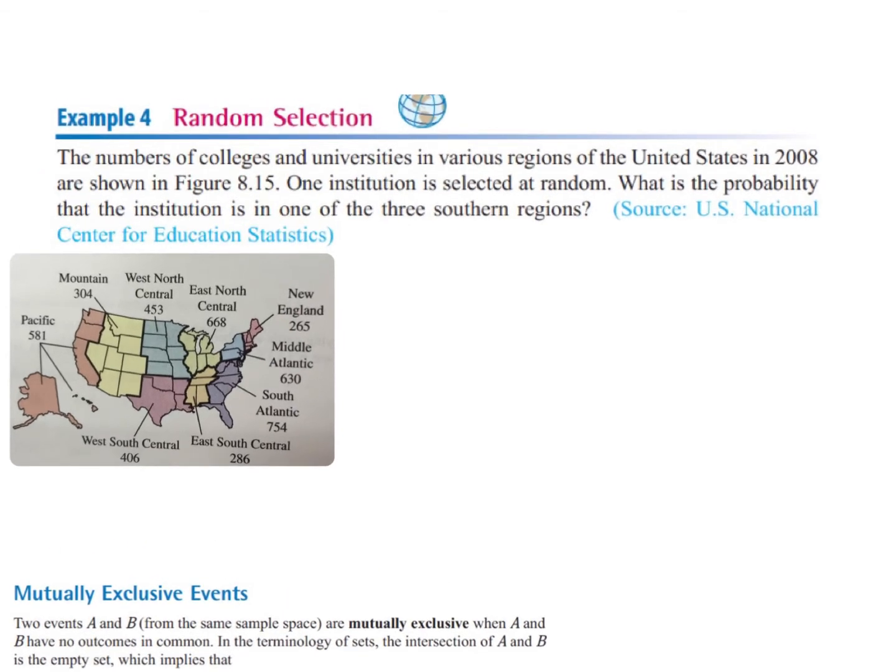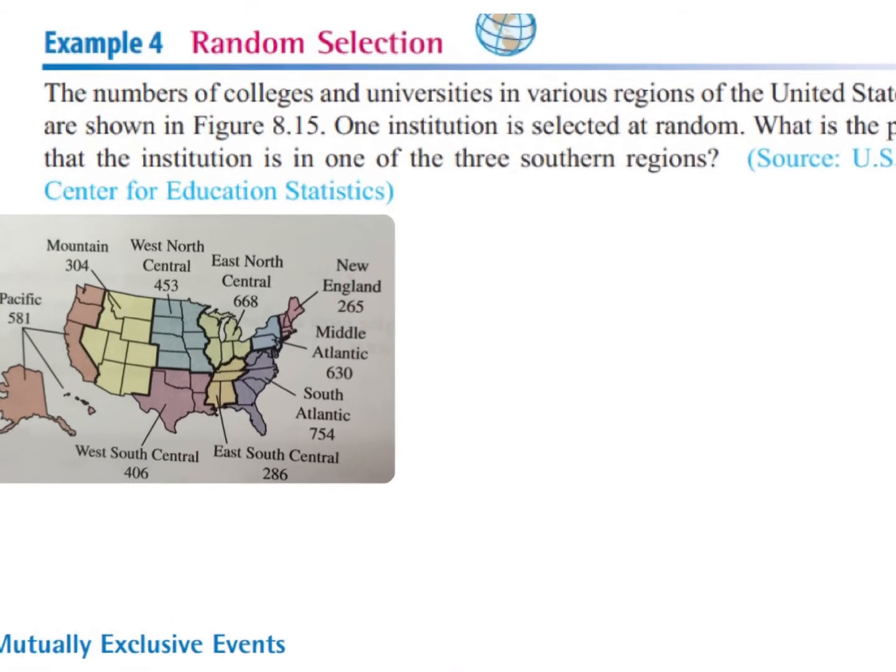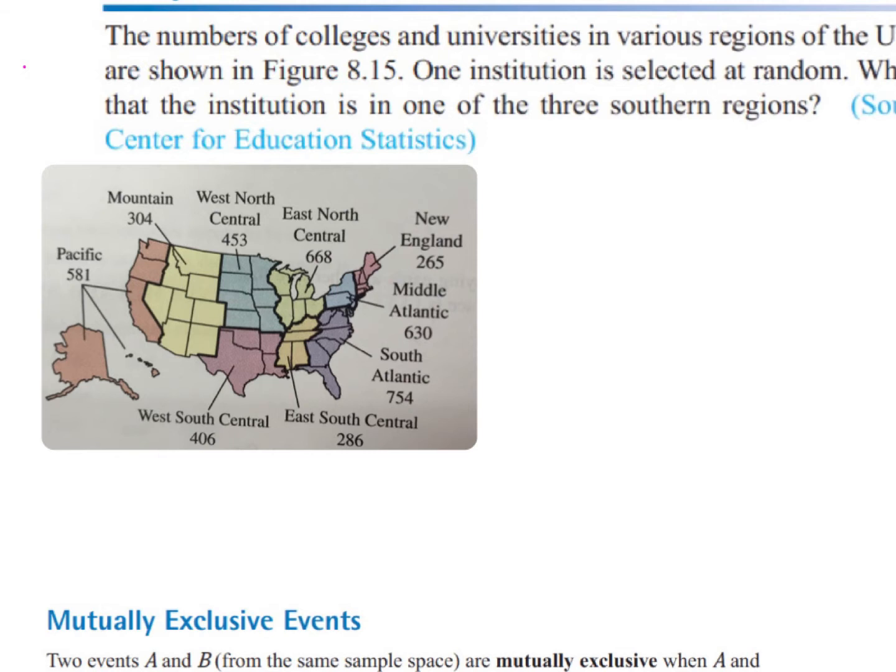The number of colleges and universities in various regions of the United States in 2008 are shown in figure 8.15. One institution is selected at random. What is the probability that that institution is in one of the 3 southern regions? Remember, when finding probability, we need what we want over the total. What we want is one of the 3 southern regions: West South Central, East South Central, and South Atlantic.